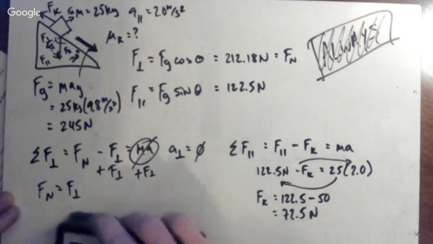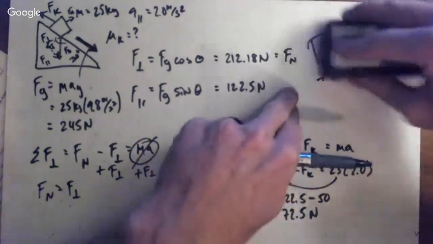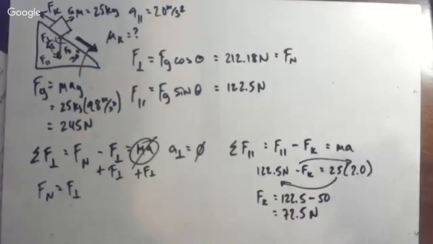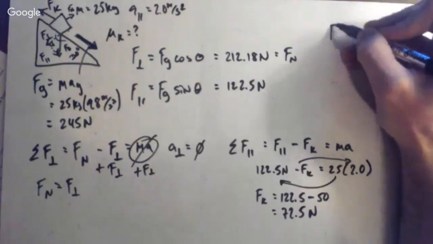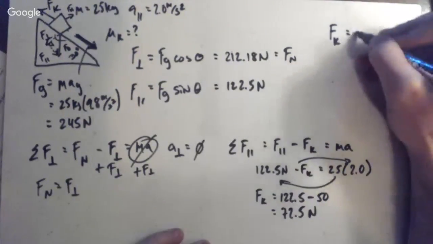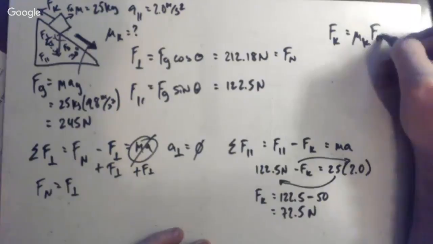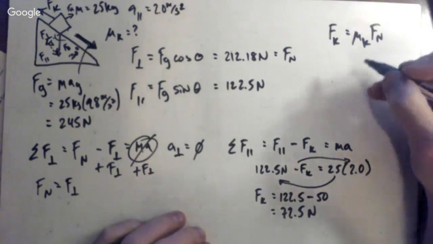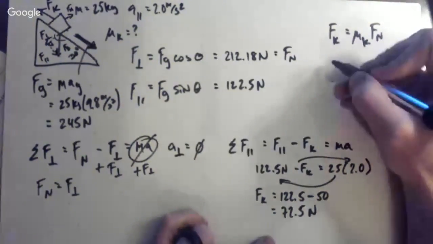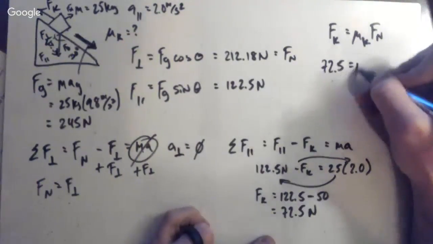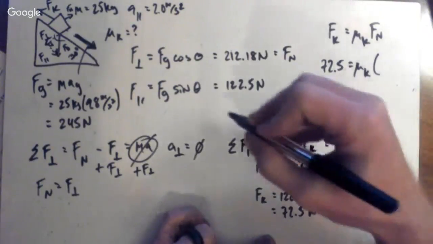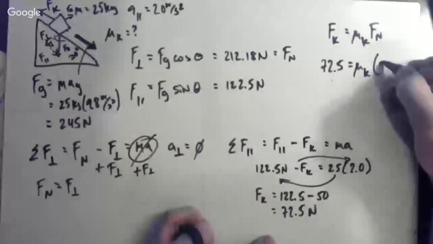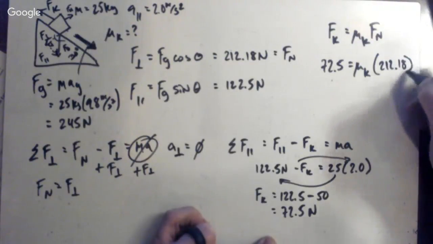Good question though. Okay, I need some space. Our equation for calculating mu k, because that's what we're looking for in this whole problem, is this one right here. You'll recognize it from our equation wall on the inside of the classroom. We've already figured out Fk, so 72.5 equals whatever our mu k happens to be, multiplied by our normal force, 212.18.